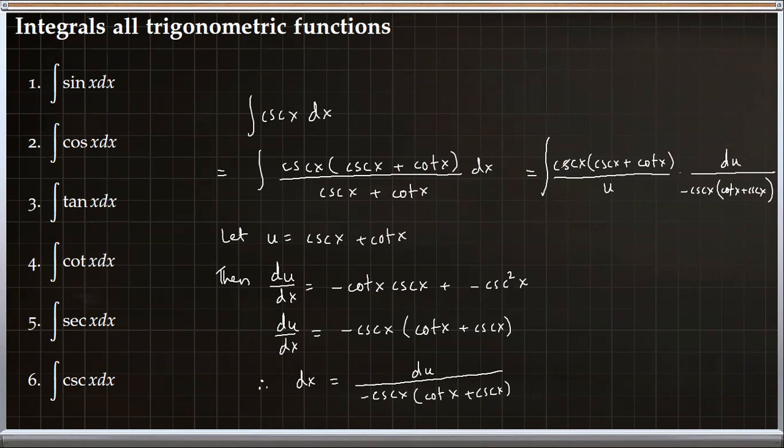Luckily, this is exactly the same as that, so we can cancel it out, and we get negative 1 over u du.